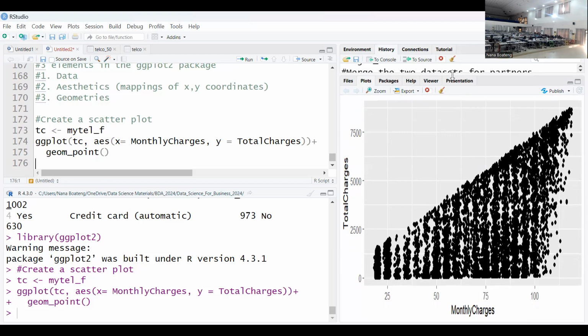If we want more information from this, we could color it by the payment method. So let's color this by the payment method. Let's copy this whole thing again.